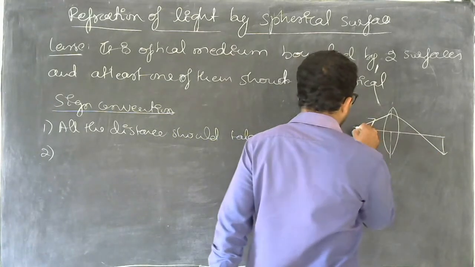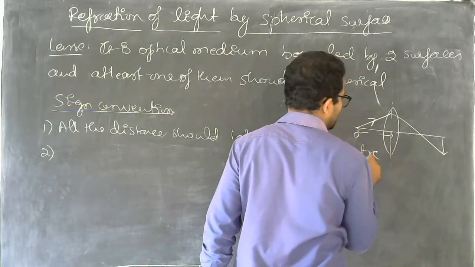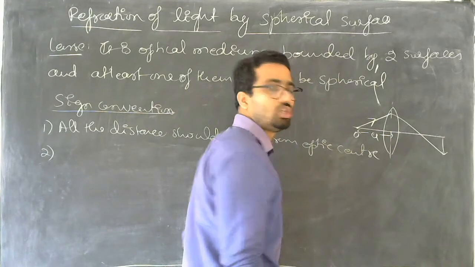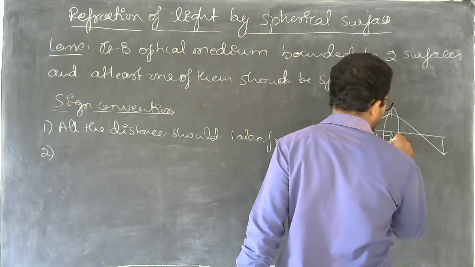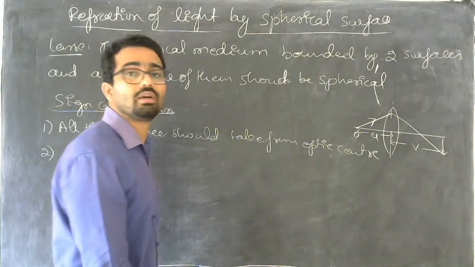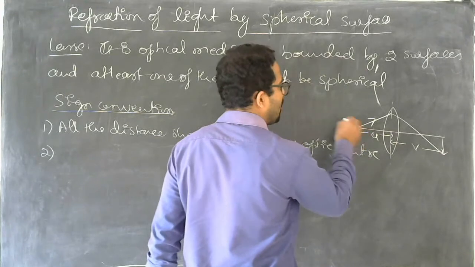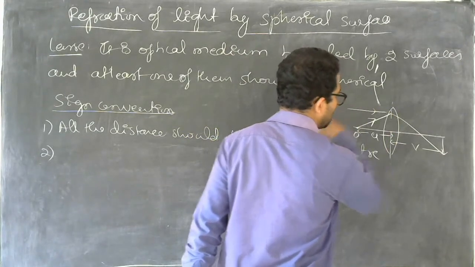This is the object here. The distance from the optic center to the object is called U, and the distance from the optic center to the formation of the image is called the image distance, which is V. Now see, the direction of light is in this way.